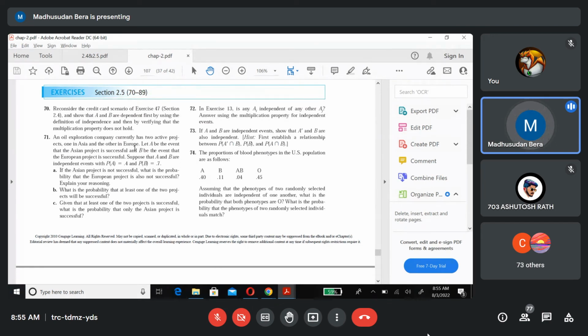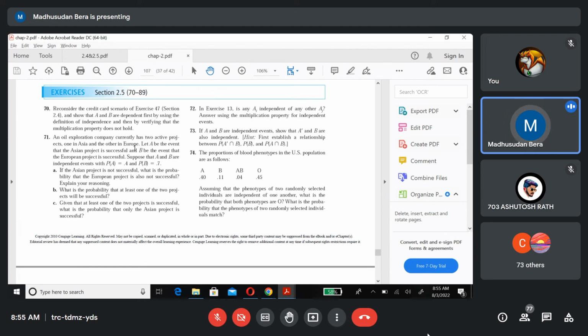Suppose A and B are independent, that is also given. Also it is given P of A is 0.4, P of B is 0.7.